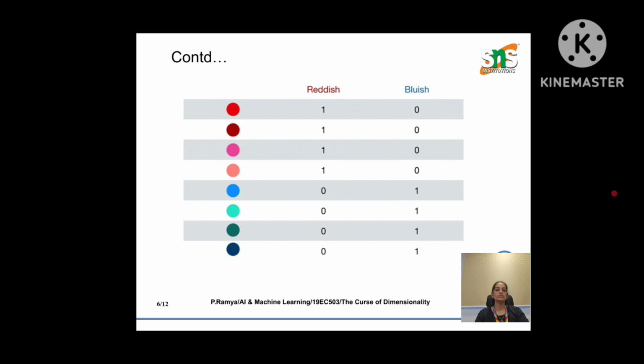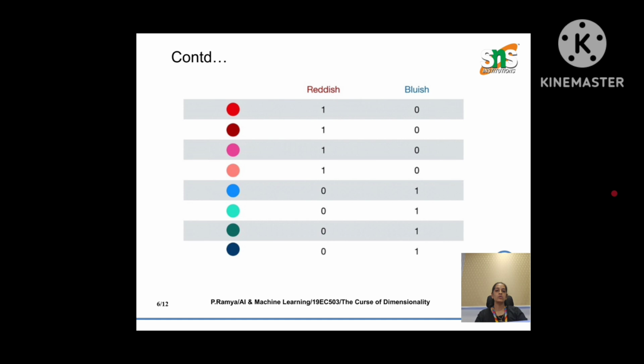So now for human eyes, it is easy to recognize whether it comes under the red candy or the blue candy. But we intuitively know that pink is a lighter shade of red and turquoise is a bluish green. But to a computer algorithm, each color is a completely independent variable, so an entirely separate dimension.